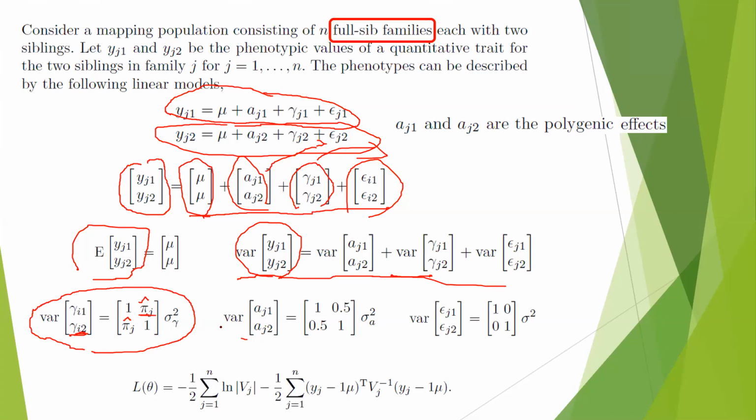But overall, for the polygenic effect, that's the entire genome, the entire set of markers on the genome, the variance of the polygenic effects between sib 1 and sib 2 will look like this.